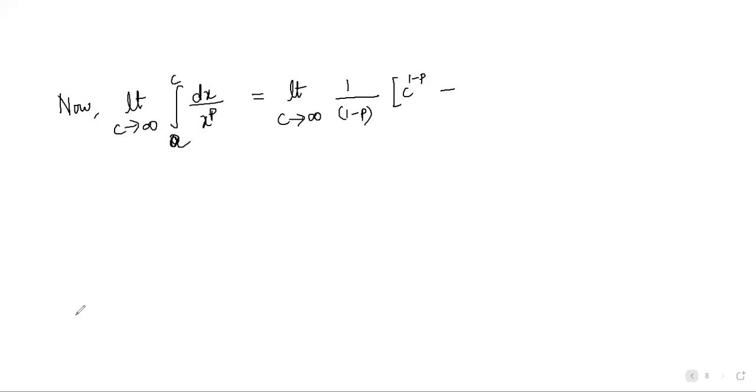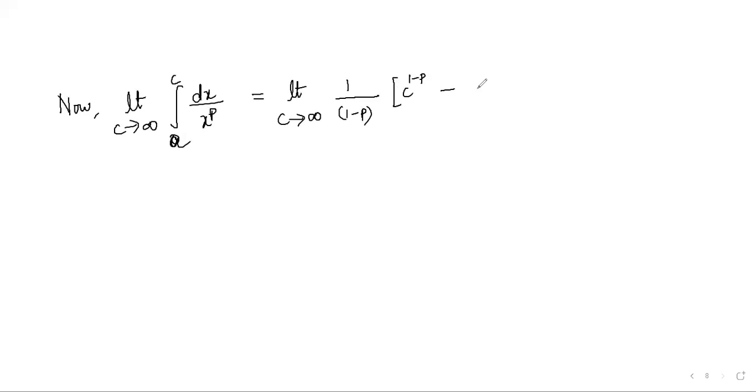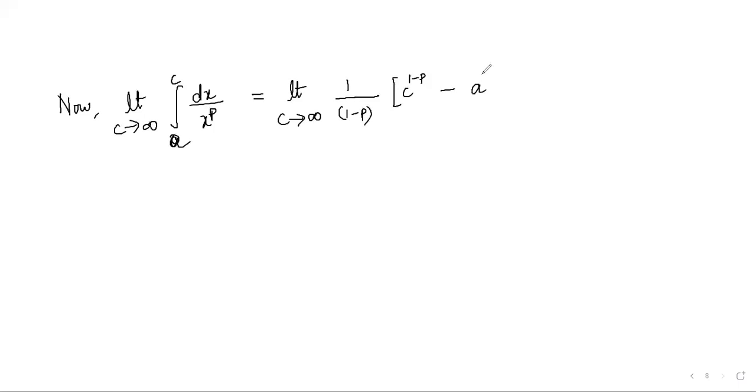In the problem it is a, so make this correction. It is a. This is our upper limit c, minus a raised to power 1 minus p.